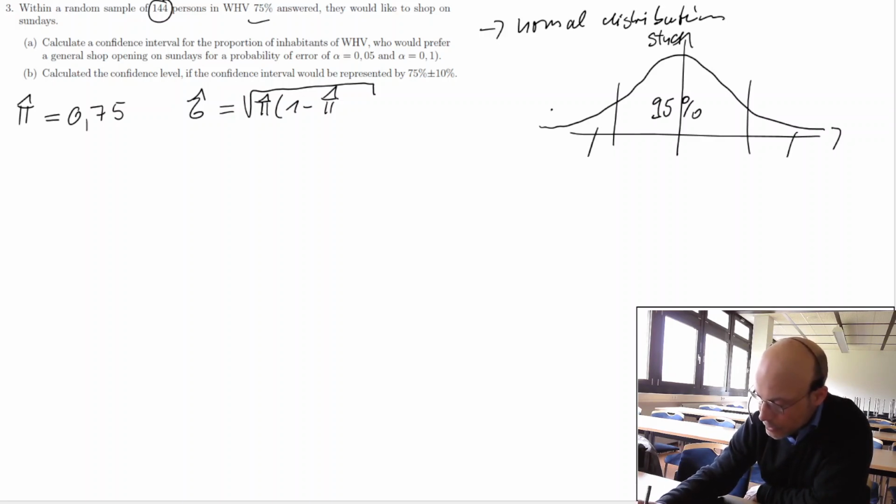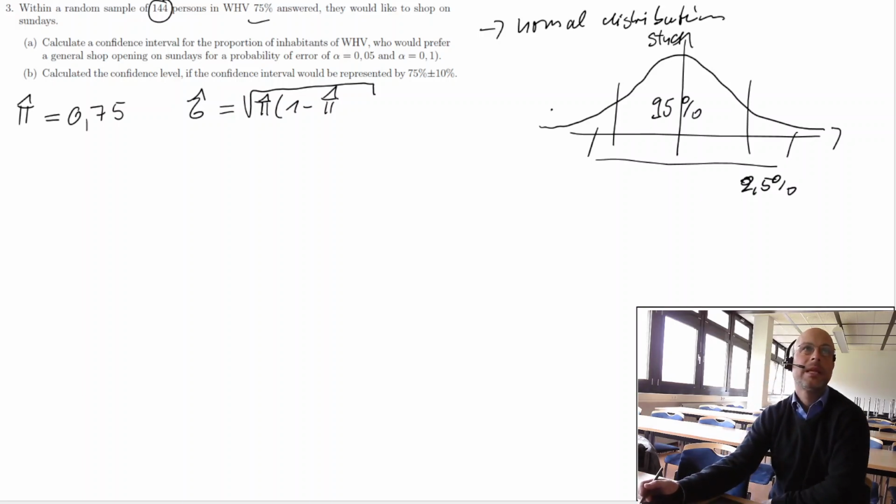So these two tails are 2.5%. So we need our value from the normal distribution, which is associated with 97.5%.